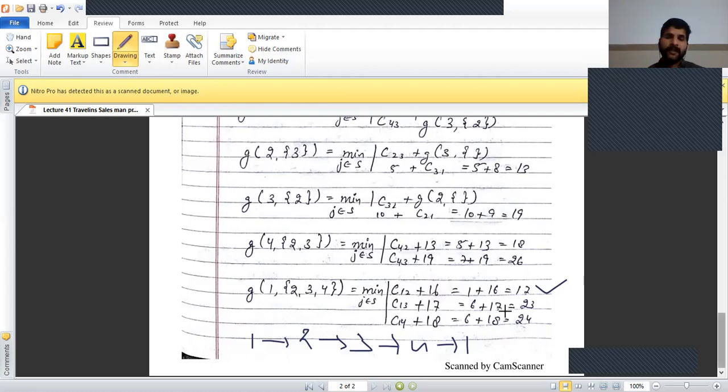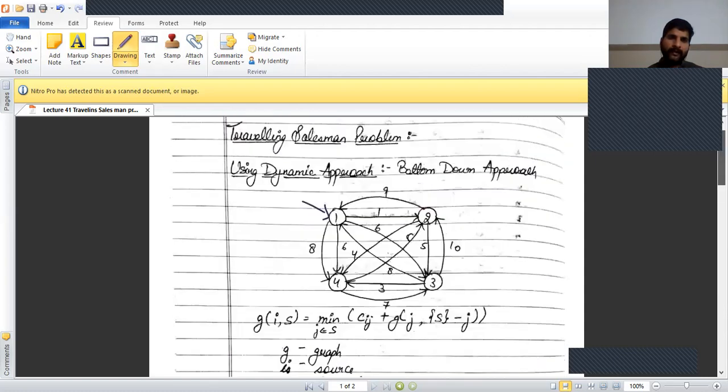We calculate each path value. In the given graph, 1 to 2 equal to 1, and 2 to 3 equal to 5, and 3 to 4 equal to 3, and 4 to 1.